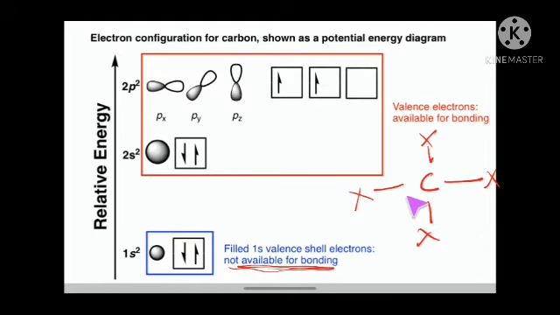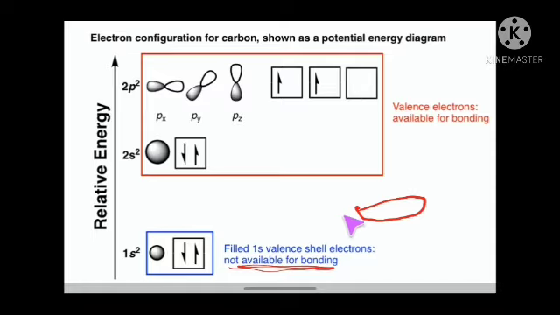In order to bond, two orbitals of different atoms should overlap each other. That's how the bond forms. Let's say this is one orbital of X atom and this is another orbital of the Y atom. These two overlap, that's how the bond forms.